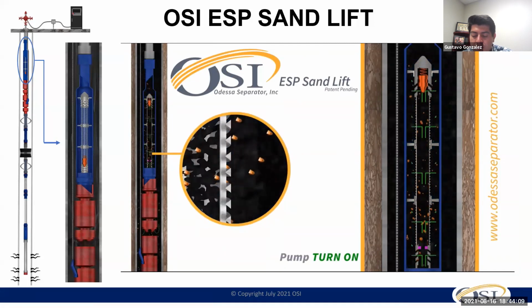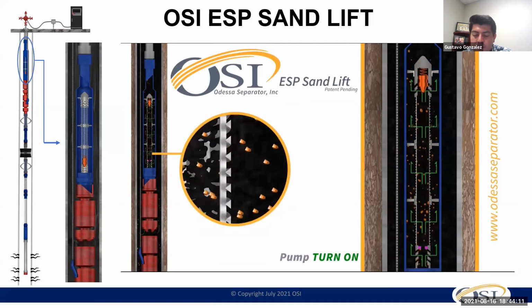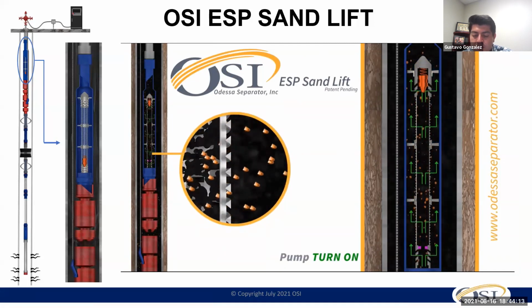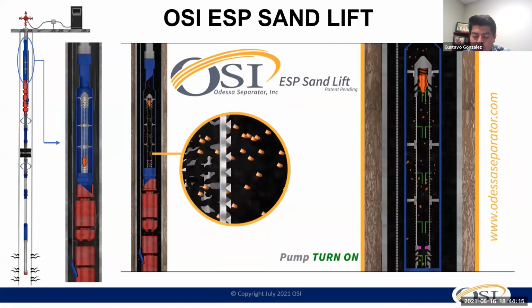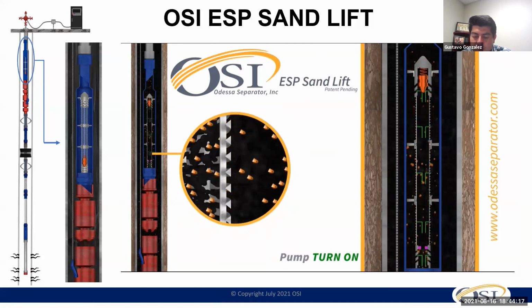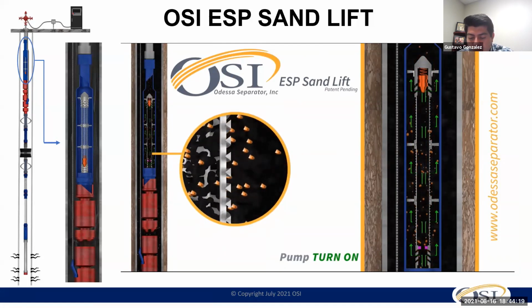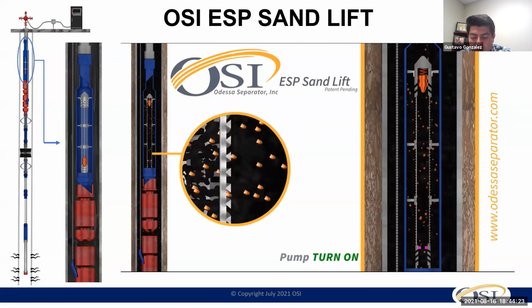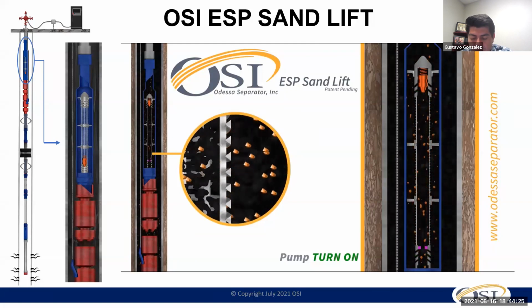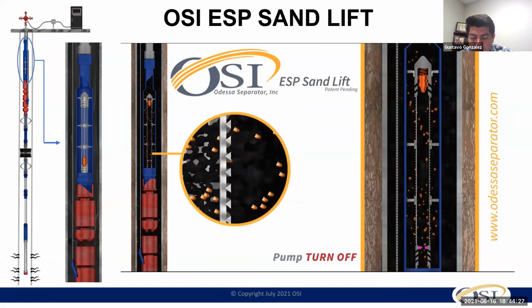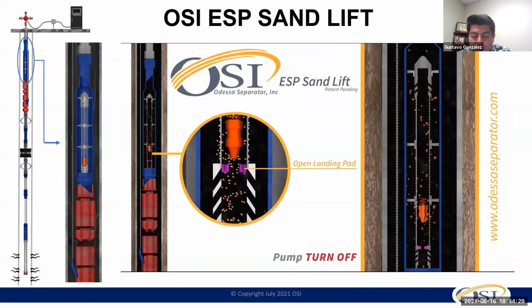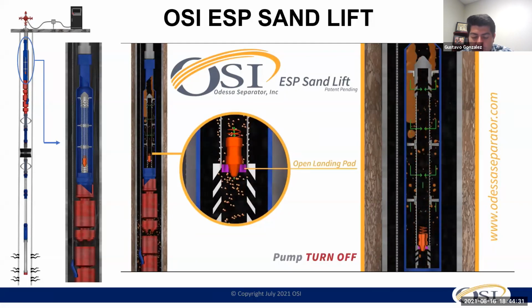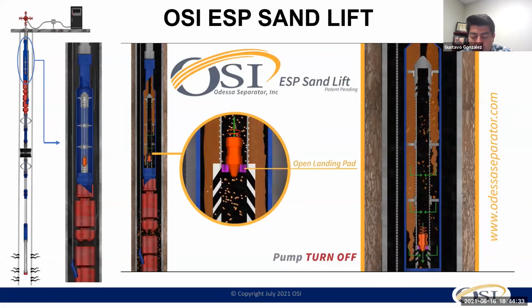When the ESP pump turns on, the differential pressure created by the pump pushes the dart sand breaker off of the open landing pad to the top position. Fluid and entrained solids flow through the tubular ports in one flow path to the surface. When the pump is turned off, the dart sand breaker falls back to the open landing pad.